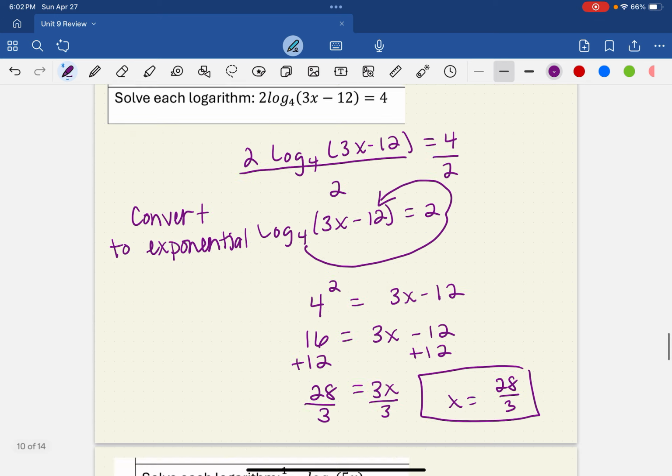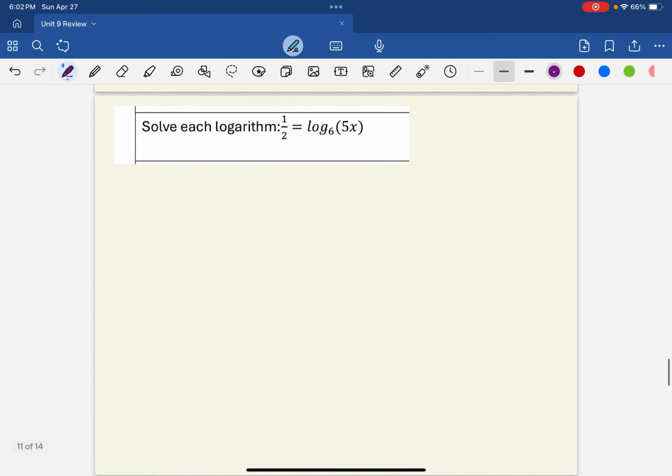On to the next. Okay, so solve each logarithm. This one is super similar to the last one in terms of it's got one log on one side and a number on the other side. Okay, so we have 1/2 log base 6 of 5x. So we're going to start at the base, go around the equal sign.